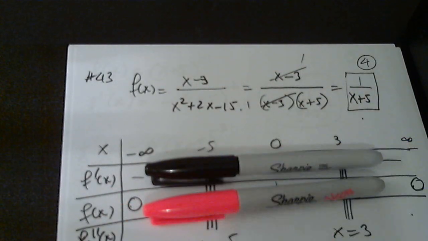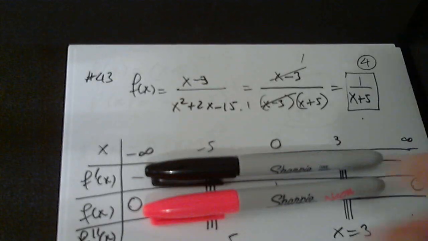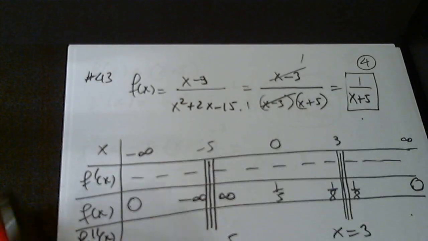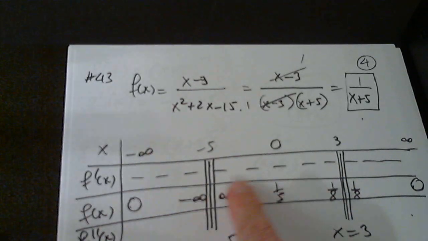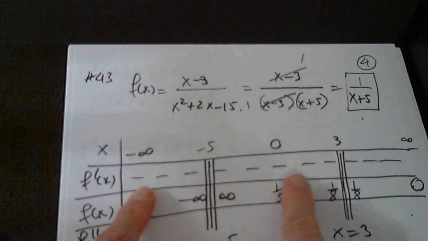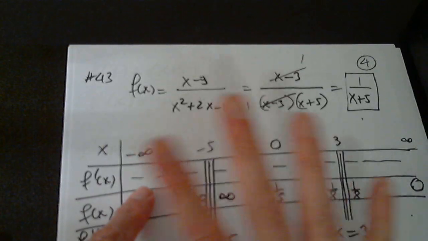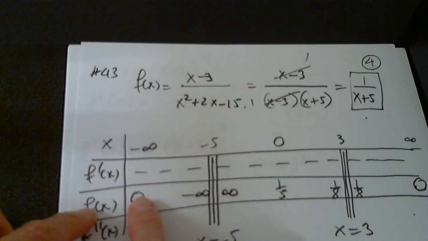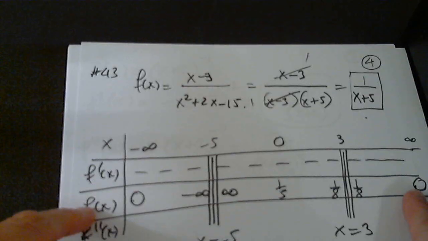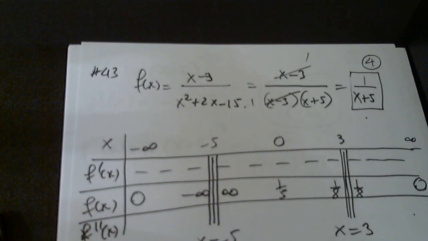This is when I catch my mistakes. I don't know if these two rows work well together. I have to check. According to this, if the first derivative is always negative, what does the function do? Decreases at all times.